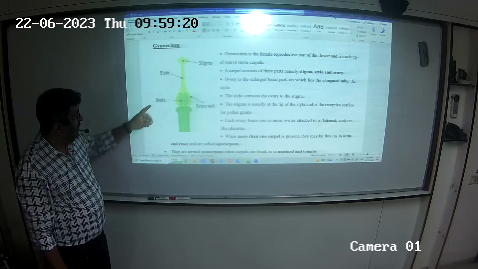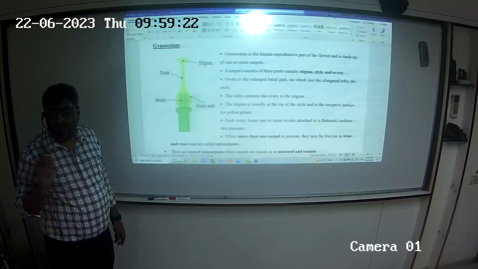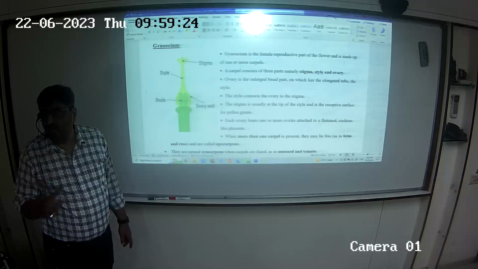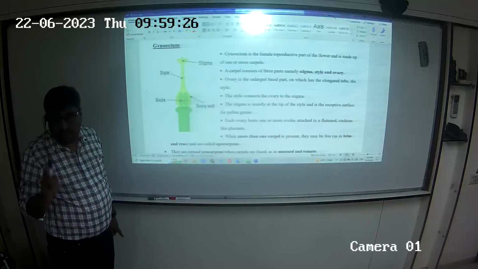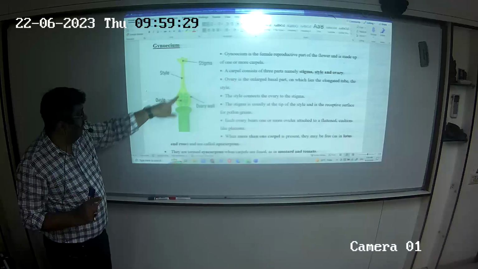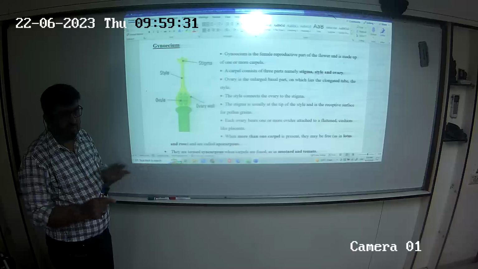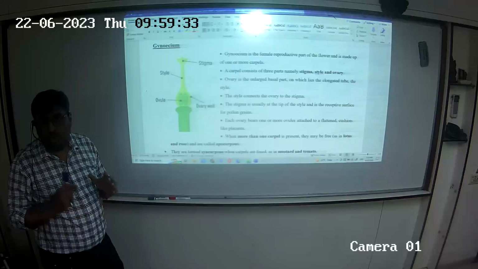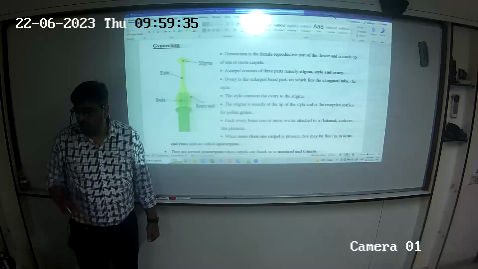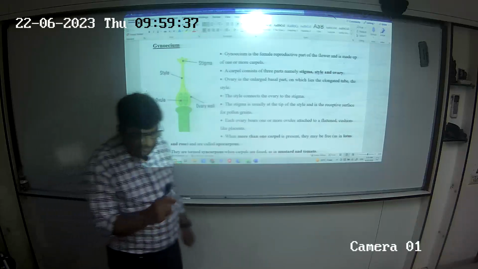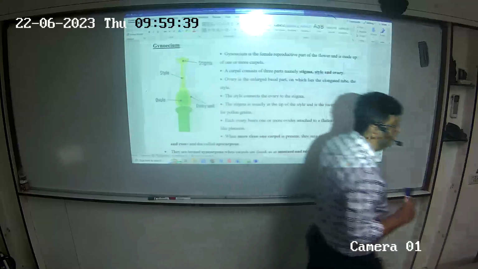Now, the entire area inside the ovary, the whole space inside the ovary, that is called locule. This is not given, please make a separate note of it.